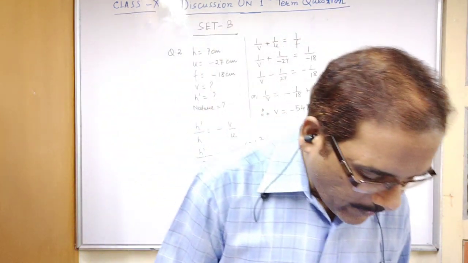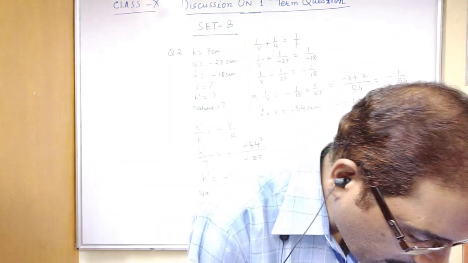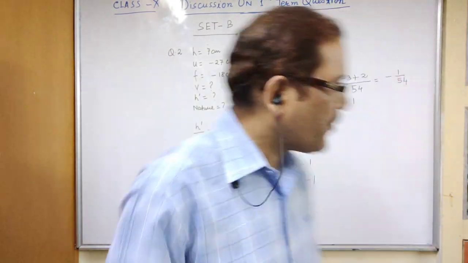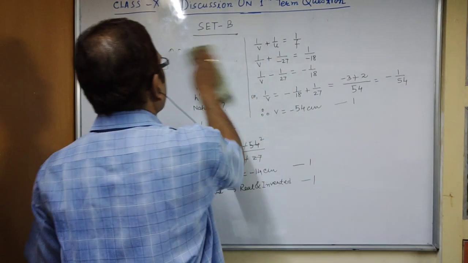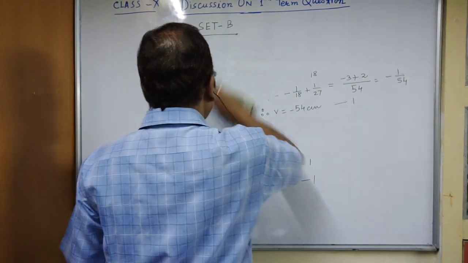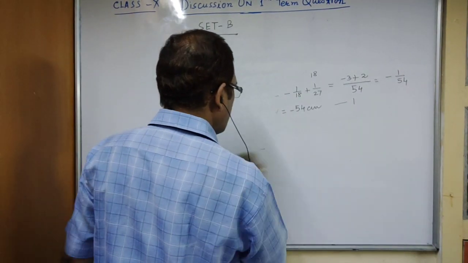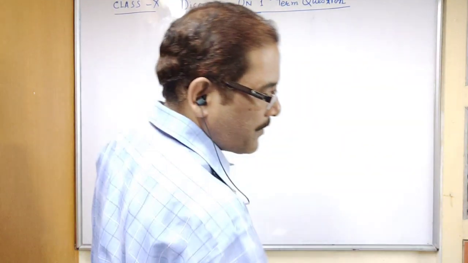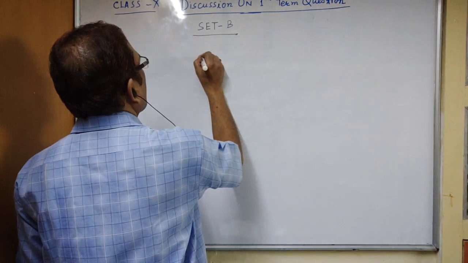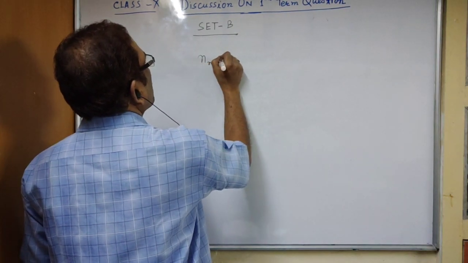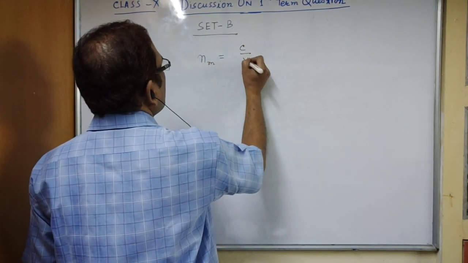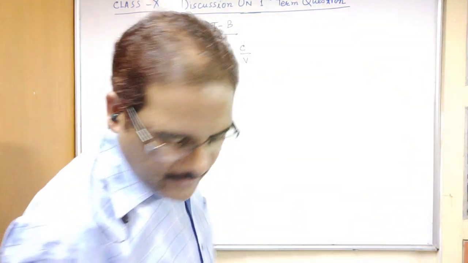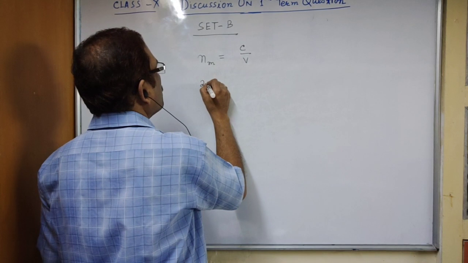Now a numerical is related to it. Also calculate the speed of light in diamond. So you have to calculate the speed of light in diamond. So the formula which we have discussed, the absolute refractive index or refractive index of a medium is equal to c by v, and here in this question the refractive index of diamond is 2.42.